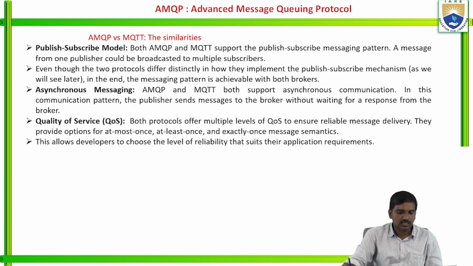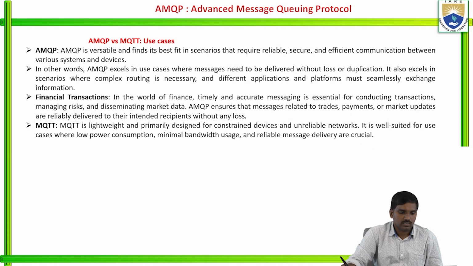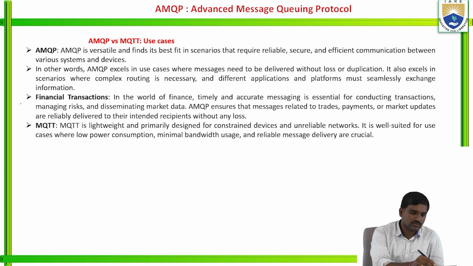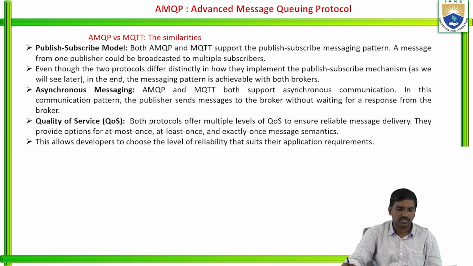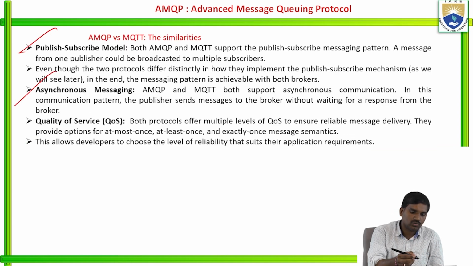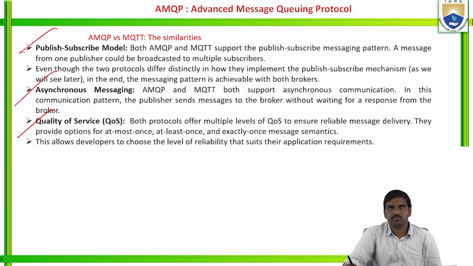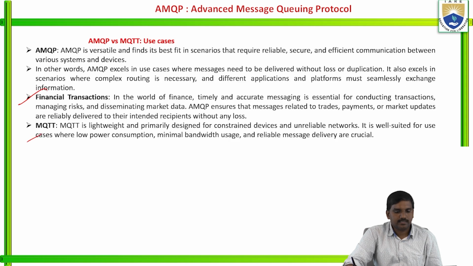And the similarities of AMQP and MQTT here: publish subscribe model, asynchronous messaging, quality of service in order to maintain the quality of service, and use cases in terms of financial transactions only.